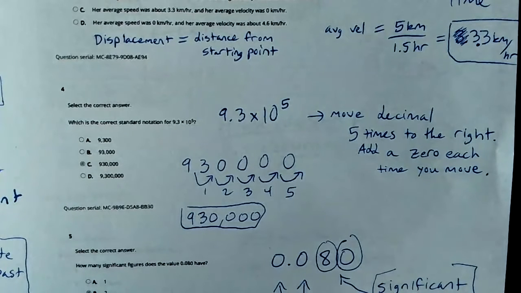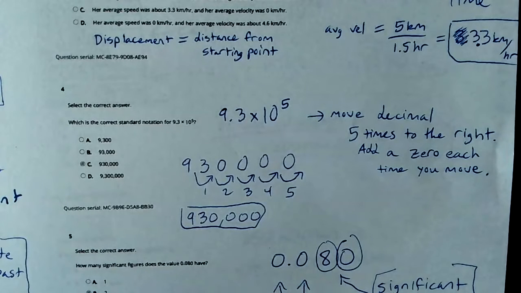So we have 9.3 times 10 to the 5th power. Think of that 5 as moving the decimal point to the right 5 times. And each time you're moving, you add a 0 if there is no number there.